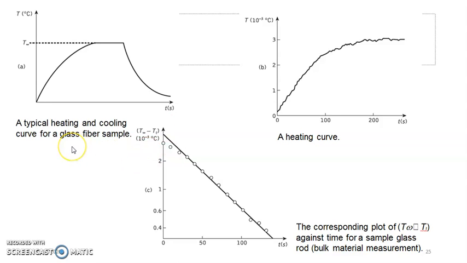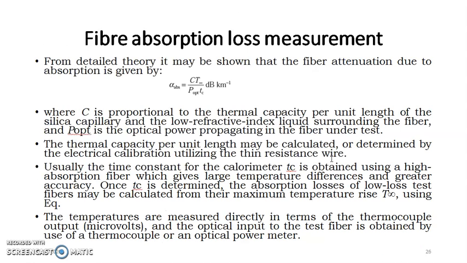And this typical curve is shown in this figure: a typical heating and cooling curve for a glass fiber, the heating curve, and the corresponding plot of this type for the fiber.